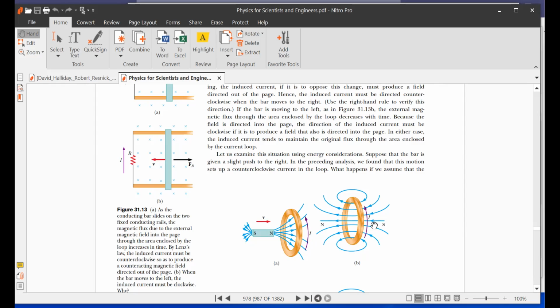That's why at the ring, the direction of the current is like this, because it produces a magnetic field that repels the rod. So it should be north against north, the same pole. This is the induced electric field, this induced current or induced magnetic field.